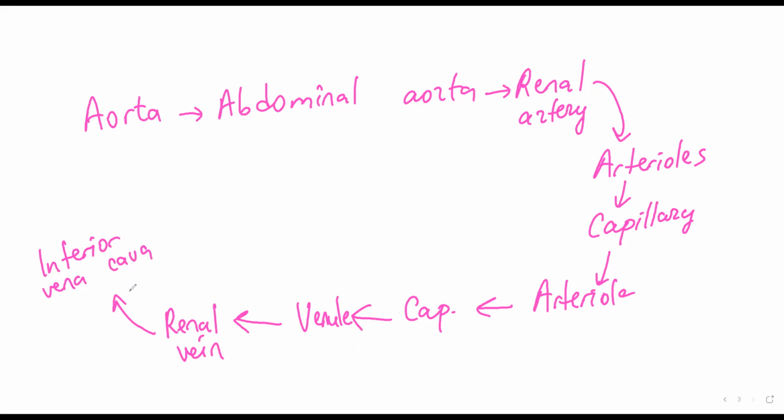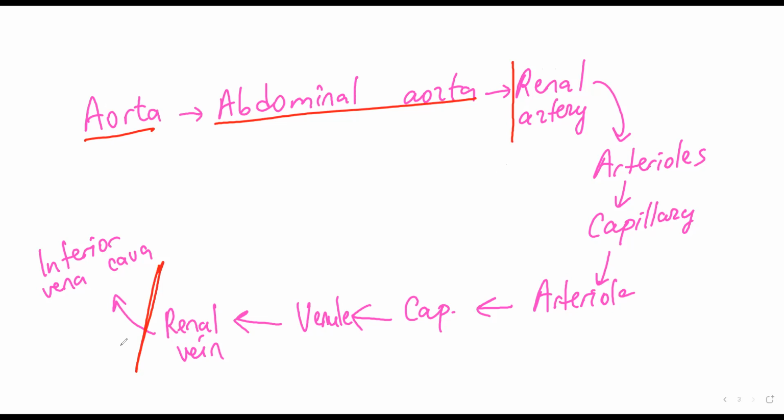So this is the pathway, how they are moving through the kidney. The aorta, of course, comes from the heart, the abdominal aorta. So the kidney begins from here: renal artery, arteriole, capillary, venule, renal vein, and finishes here.